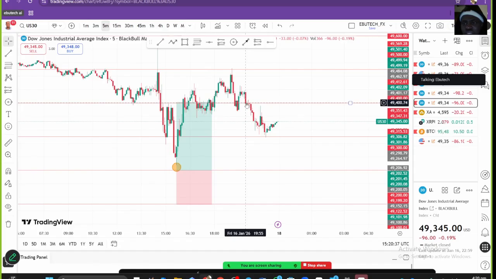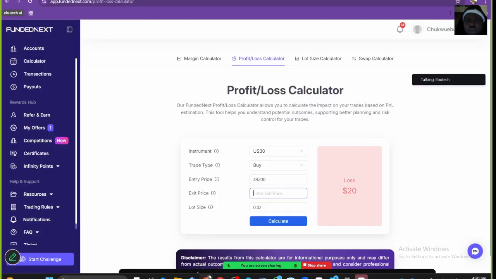Our target is 49,400. If this market goes our way, how much are we going to make? Please mute yourself, please. This is how much we are going to make if the market goes our way, that's 200 pips. Now, we come here, we input 49,400.